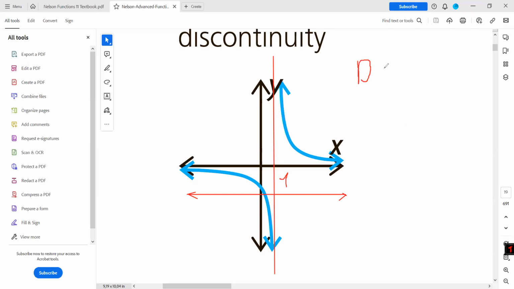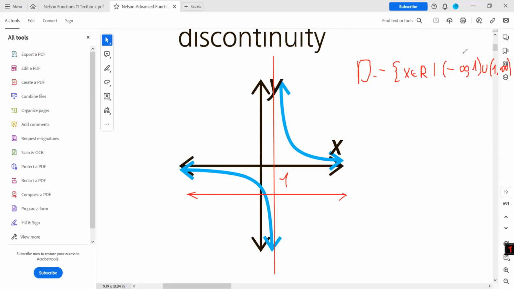Then we would say that the domain of our function equals x, an element of all real numbers, but the intervals would be from negative infinity to 1, not included, and the second interval from 1 to positive infinity. So at point 1, we would have a discontinuity in this function.